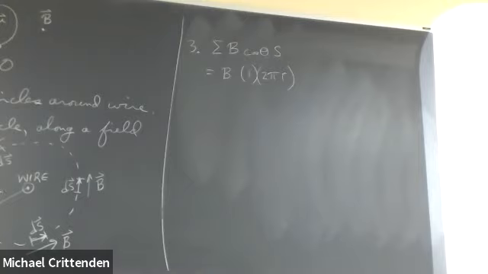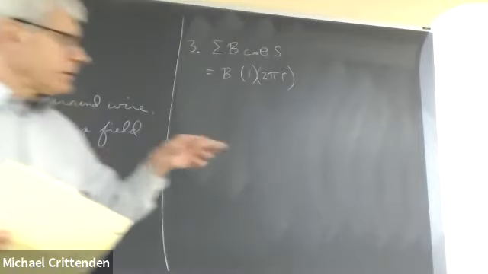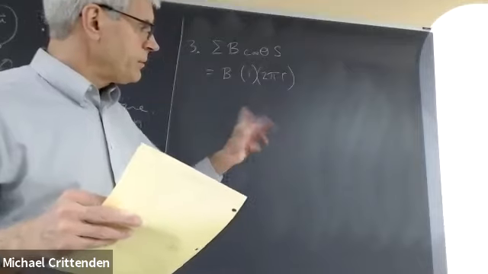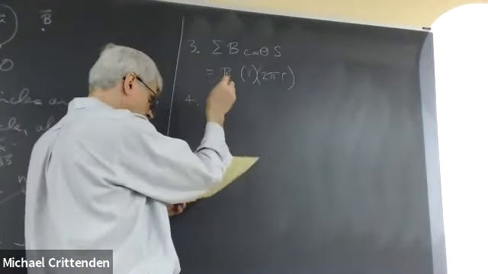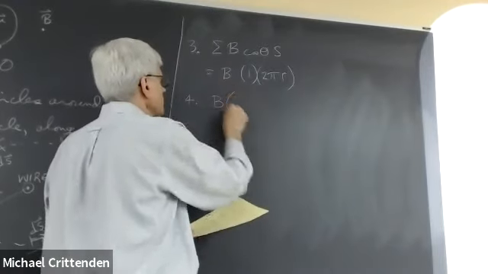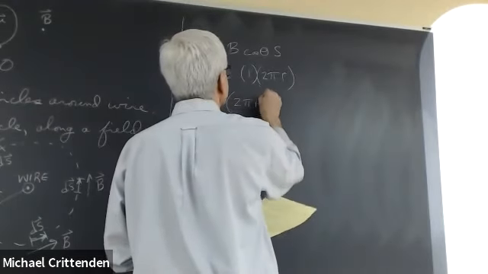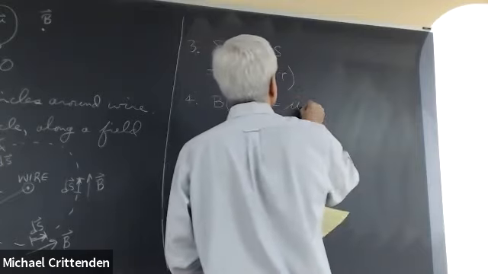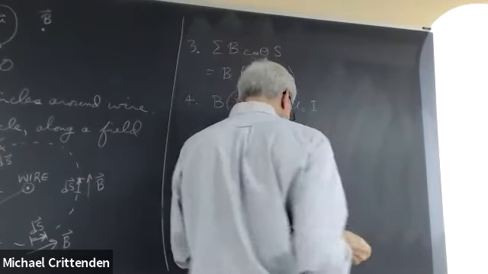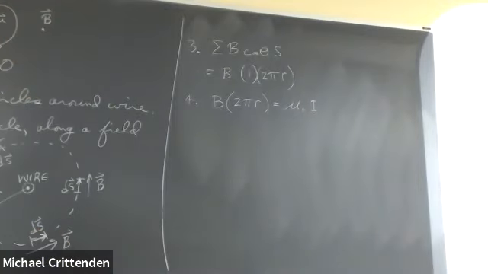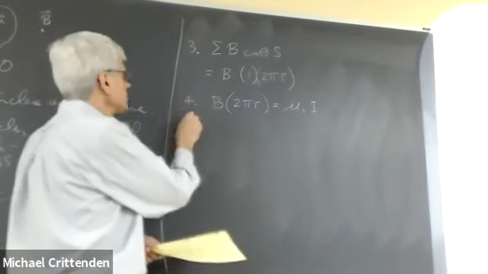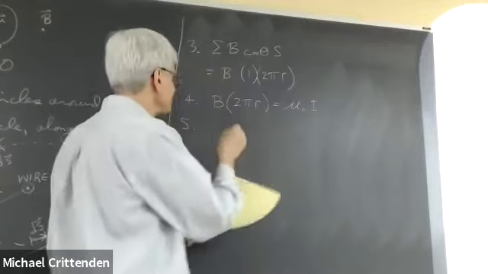Step 4. Set it equal to mu naught times I. No, that's not going to take very long. And finally, solve for B. Also not going to take very long.